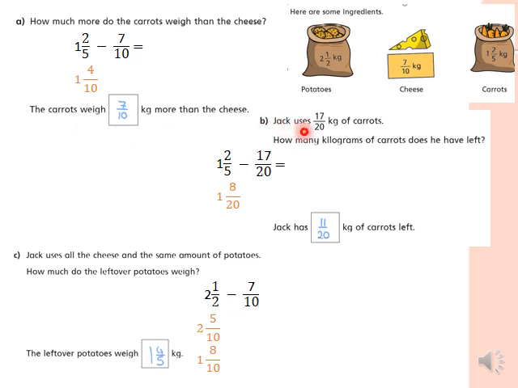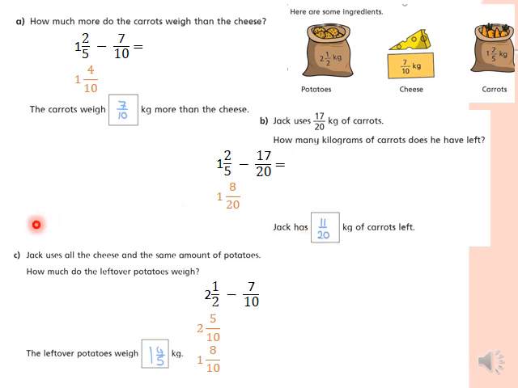Question B, it says Jack uses 17/20 kilograms of carrots. How many kilograms of carrots does he have left? So we should have converted 1 2/5 to 1 8/20 and subtracted 17/20 from there, and that would have left us with 11/20 of carrots left.